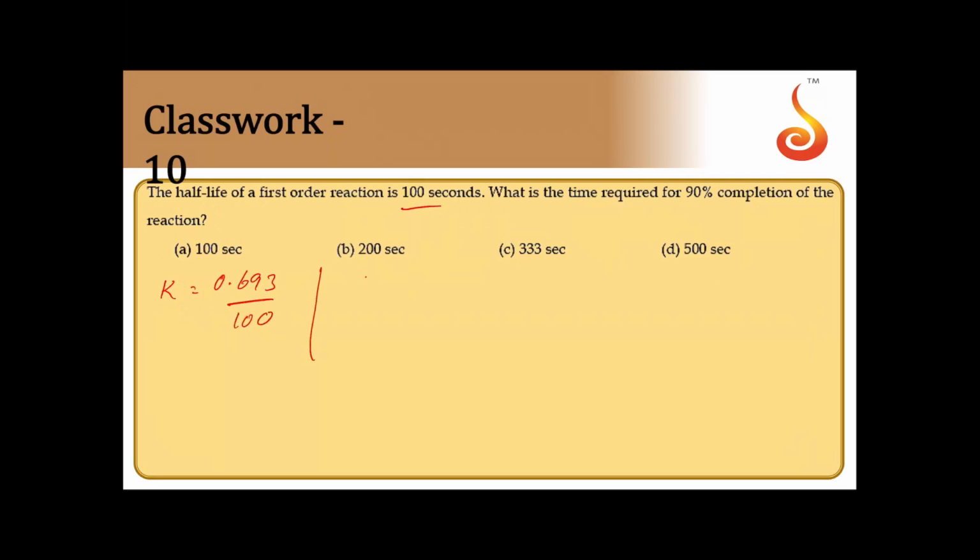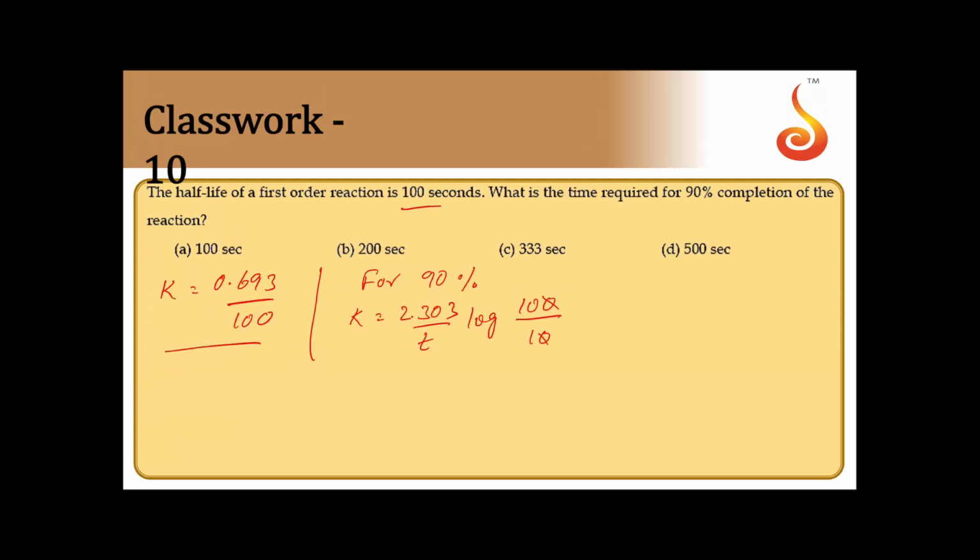When you take the second condition, for 90% completion of the reaction, K will be equal to 2.303 by T into log of 100. 90% completes means only 10 remains. It becomes log 10, which is 1.